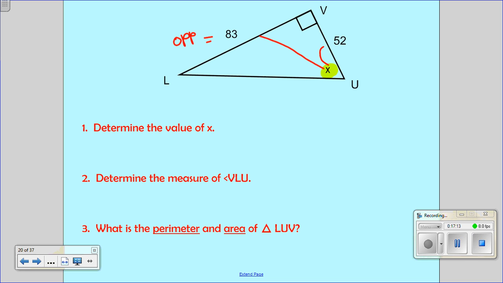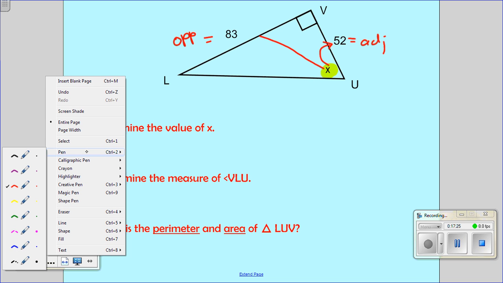And then I have the side right next to it, so I have adjacent. So the only function that involves opposite and adjacent is tangent.